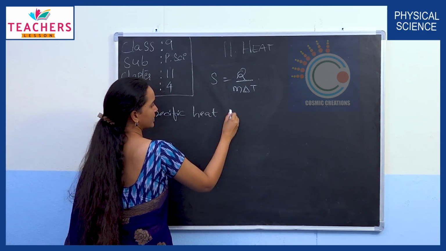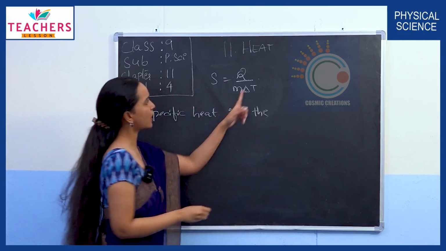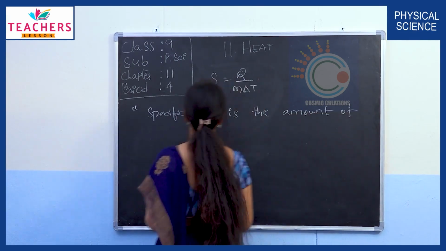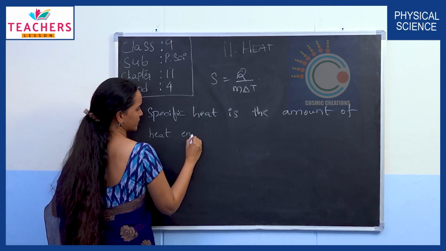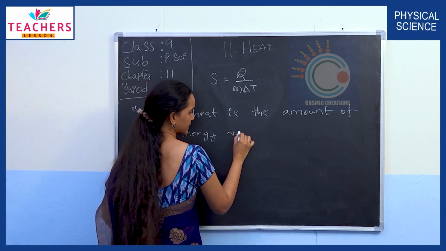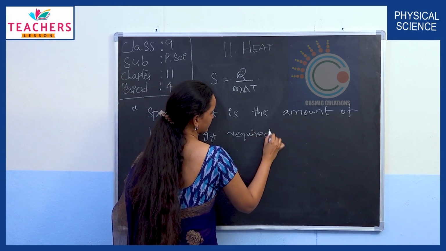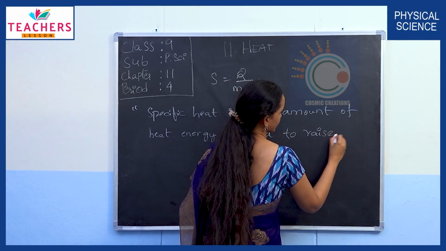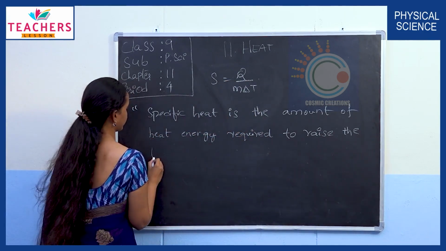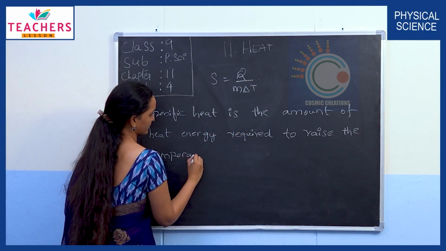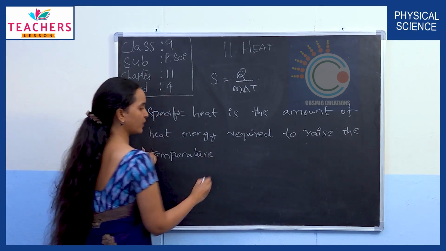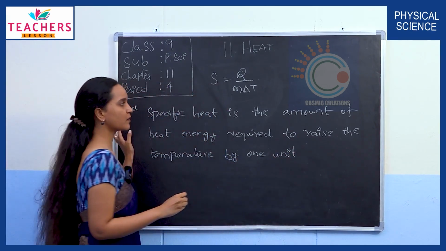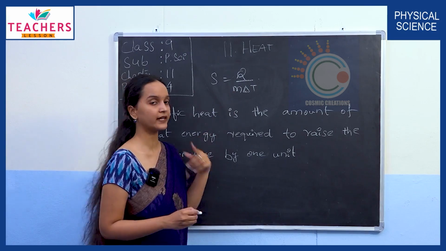Specific heat is the amount of heat energy required to raise the temperature by 1 unit, and this amount of the heat energy is required for 1 gram, right?